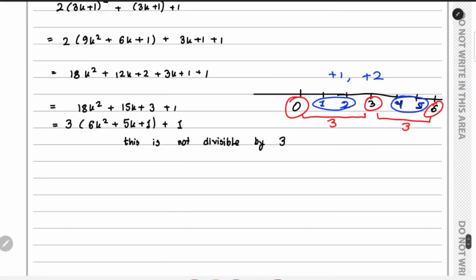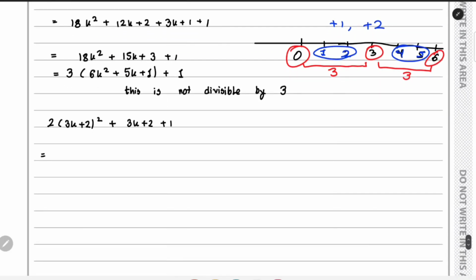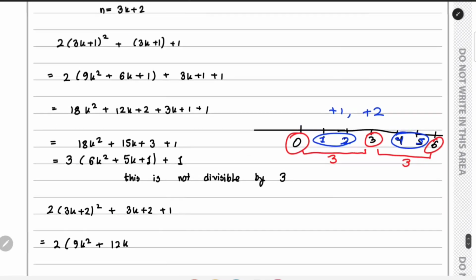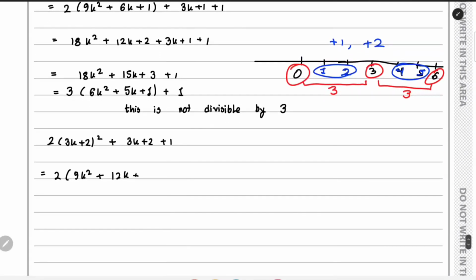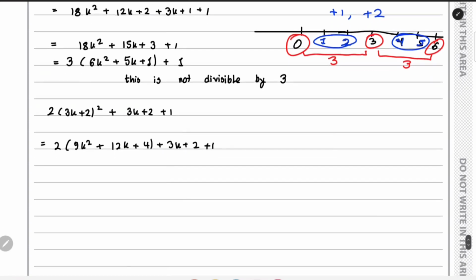Now for 3k plus 2, we'll have 2 times (3k plus 2) whole square plus 3k plus 2 plus 1. Here we have 2 times (9k square plus 12k plus 4) plus 3k plus 2 plus 1.